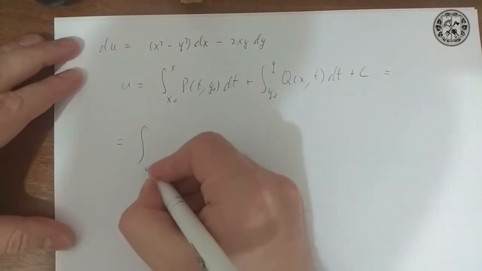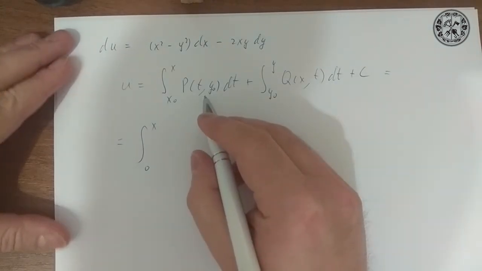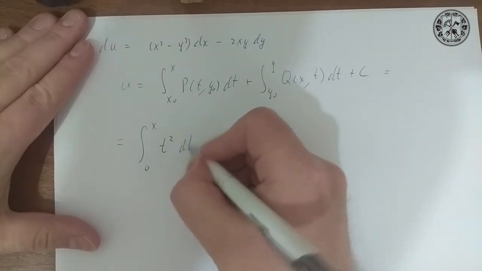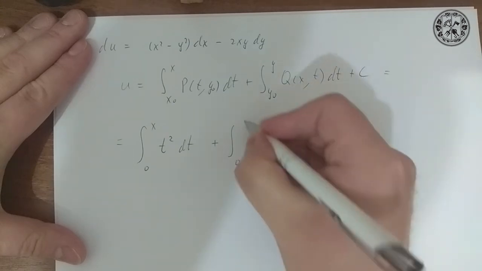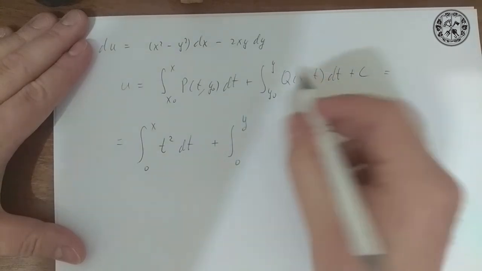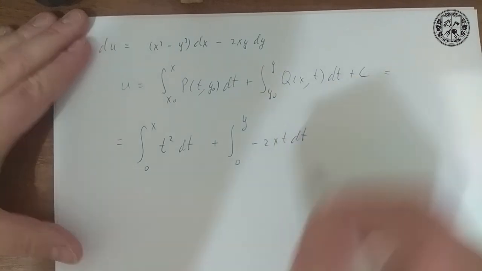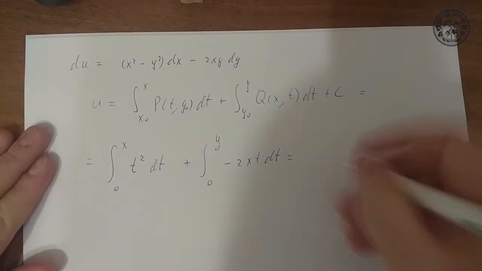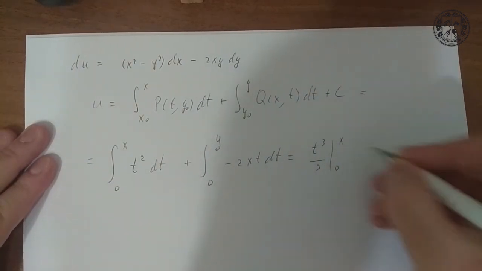Integral from 0 to x, p of t, 0 will be t squared dt plus the integral from 0 to y, q of x, t will be minus 2xt dt. Now, integrating the first one, we get t cubed over 3 from 0 to x.